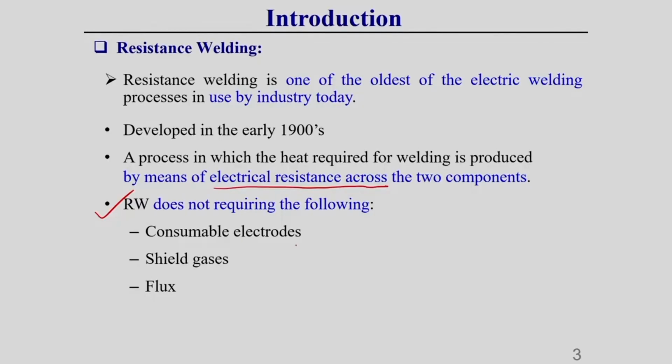In some welding processes some consumable type of electrode is used, but here you will not get that. That means here consumable electrode is not required, shielding gas is not required, flux is also not required to do the welding operation.